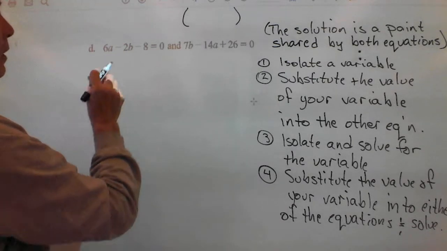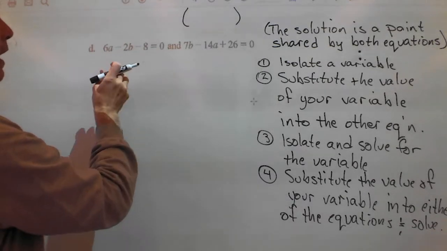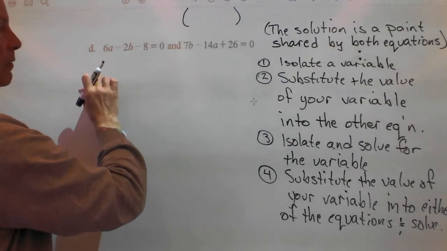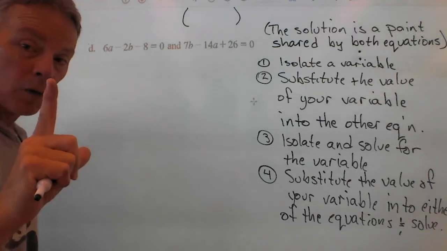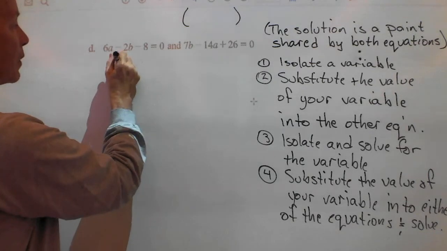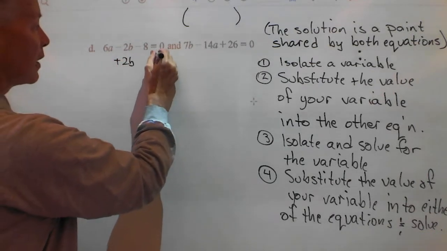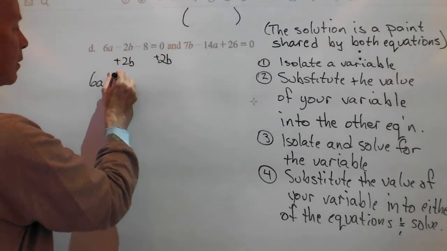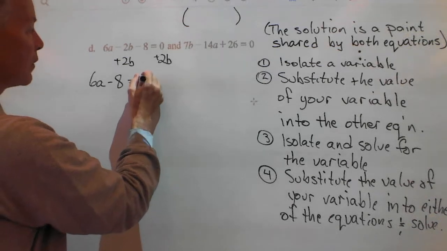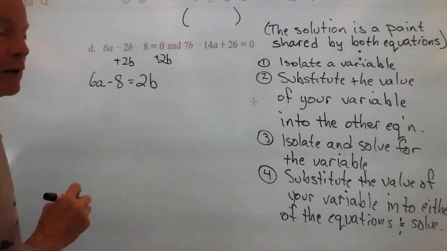In order to isolate b, I have to get it by itself. In this case, it's easier to move b over here. That involves just one step. So if I were to add 2b to both sides, that would give me 6a minus 8 equals 2b.